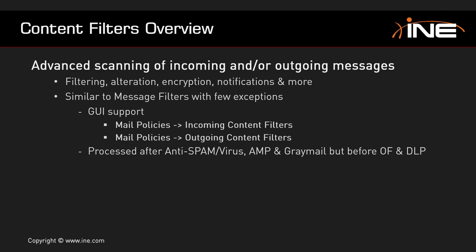So content filters are processed as one of the ESA policy engines, where message filters is more like a separate feature that kicks in before ESA policies. And now in terms of the policies themselves, the content filters apply after anti-spam, antivirus, AMP, and Graymail checks.